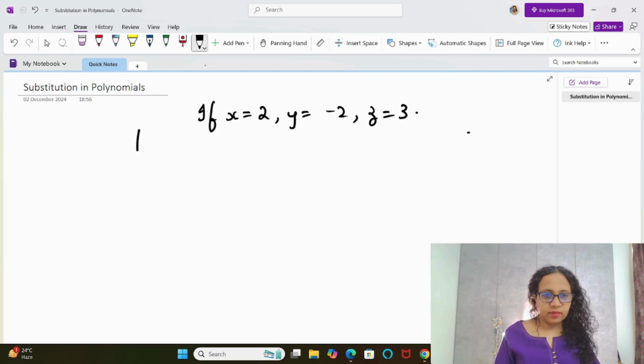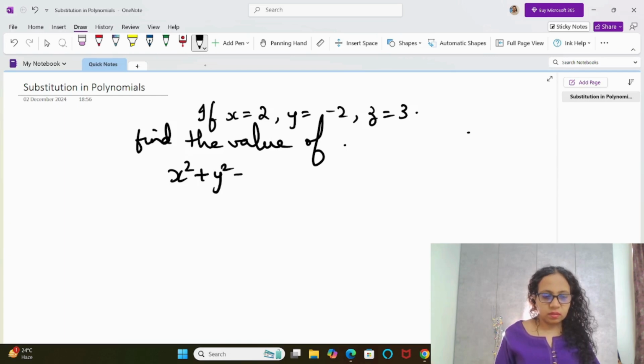You have to find the value of x square plus y square plus z square minus 2xy minus 2yz minus 2zx.